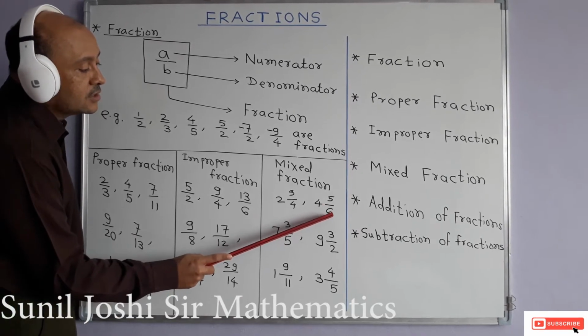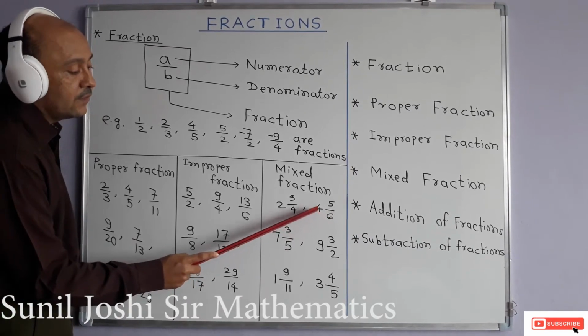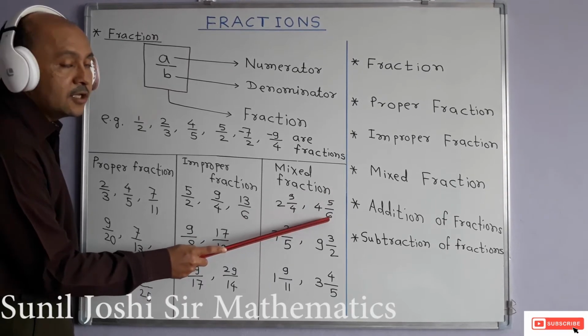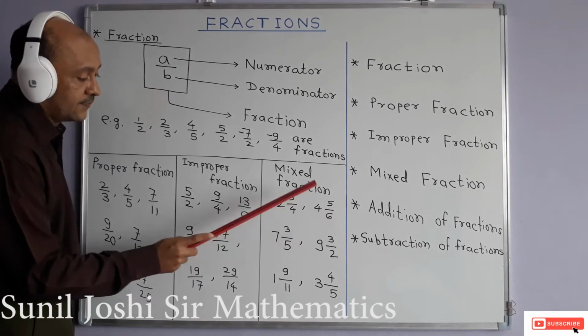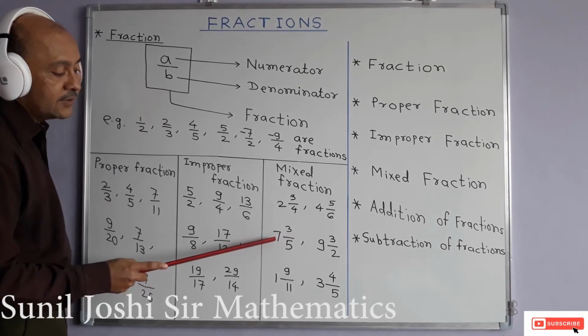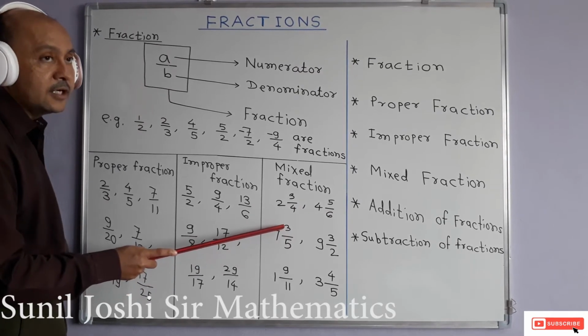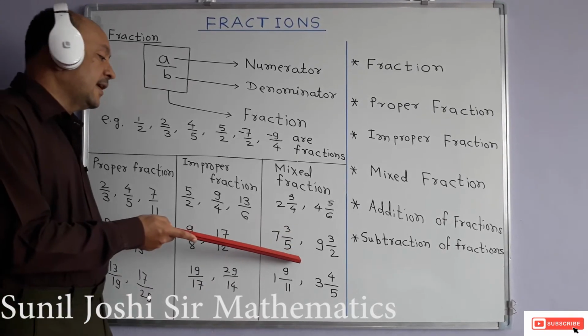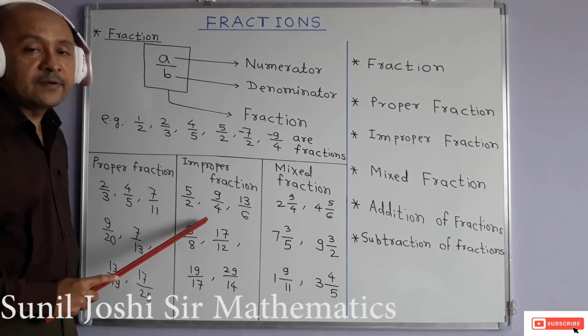In the same way, 6 into 4 is 24, 24 plus 5 is 29, 29 upon 6. So this is in numerator denominator form. 7 into 5 is 35, 35 plus 3 is 38, 38 upon 5. In that way a mixed fraction can be converted to an improper fraction.